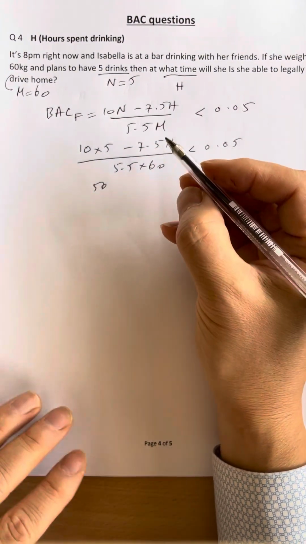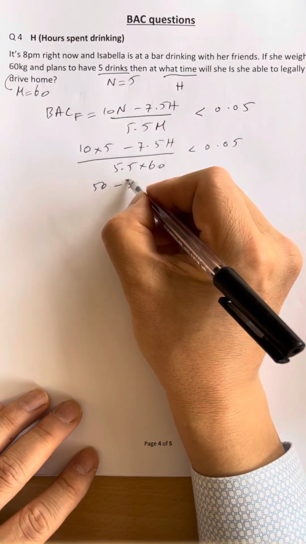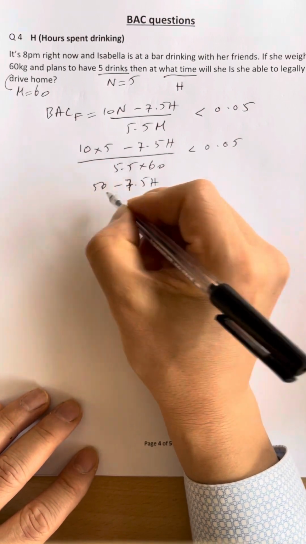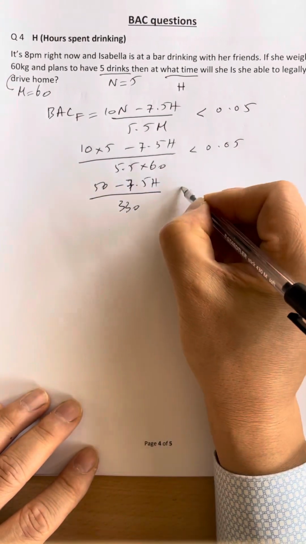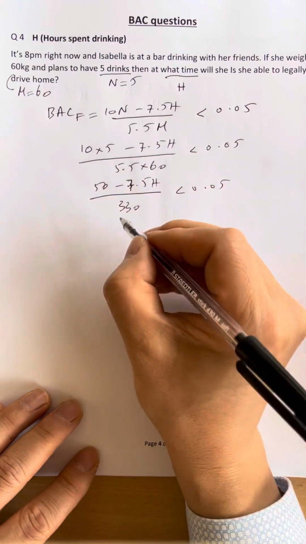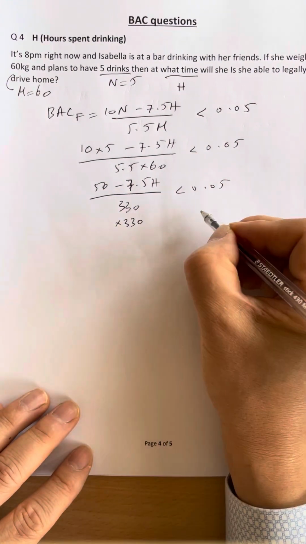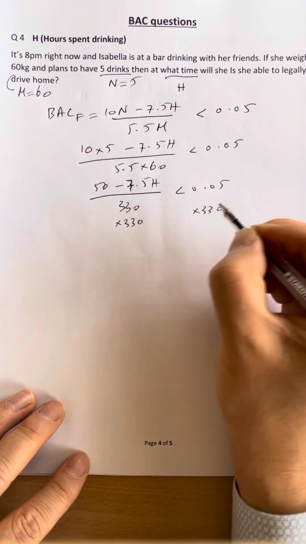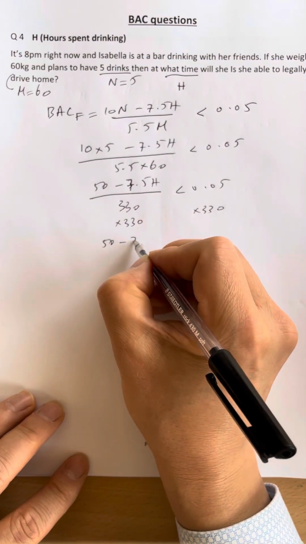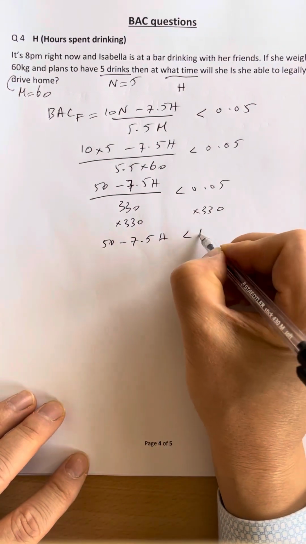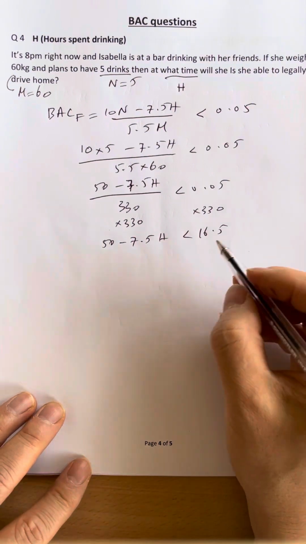So 5 times 10 is 50 minus 7.5H divided by 330 is less than 0.05. You multiply both sides by 330, and you go 50 minus 7.5H is less than 16.5.